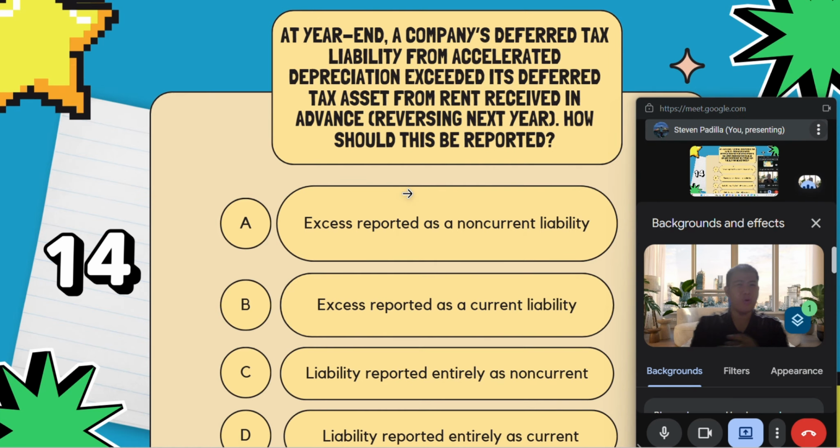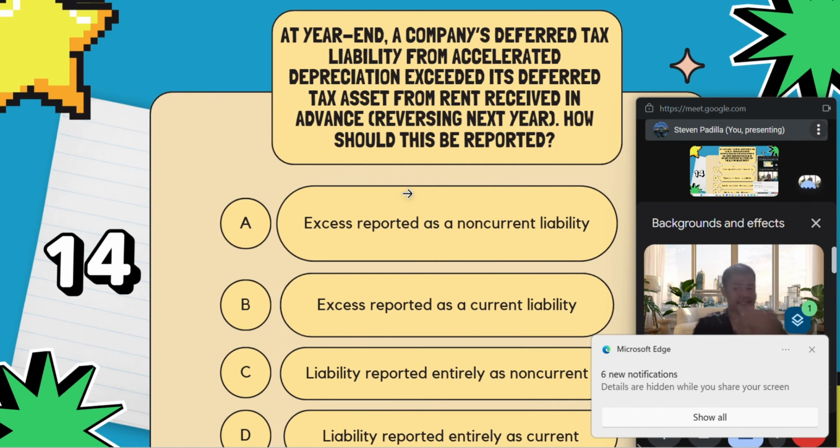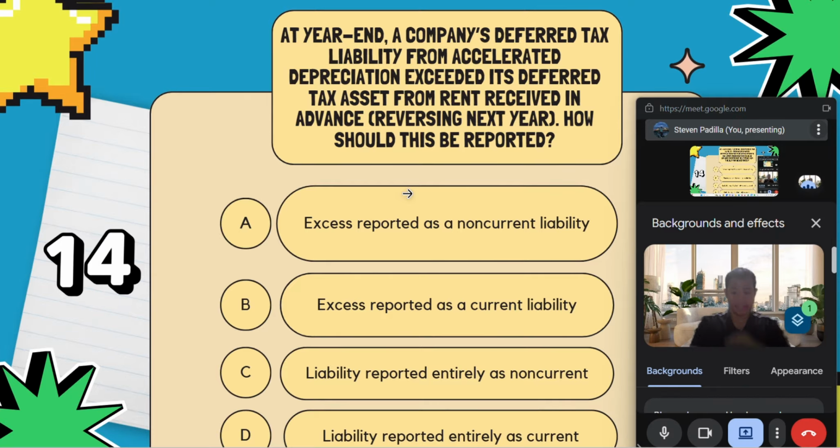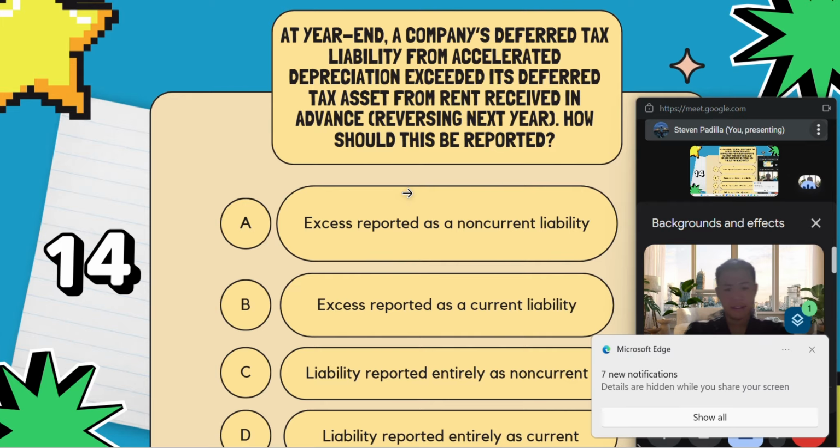So when the liability exceeds the asset, the excess is reported as a non-current liability. Since the underlying cost or depreciation is non-current, the answer for number 14 is letter A. It is reported as an excess non-current liability.